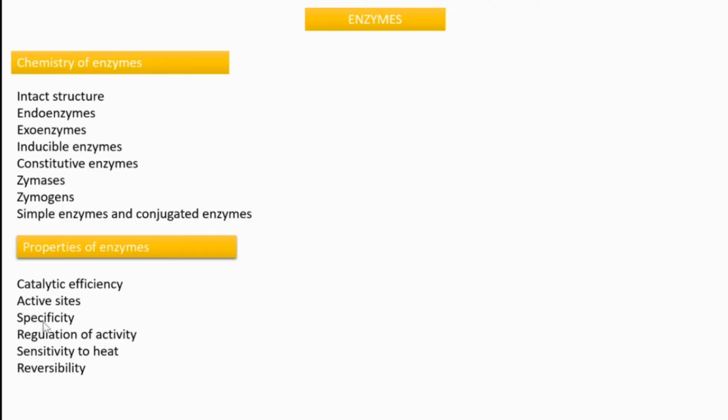Then specificity. The enzyme should be highly specific. And while talking about specificity, we need to understand that there are two types of specificity. One is substrate specificity. That means the enzyme acts only on a specific substrate. The second is called reaction specificity.